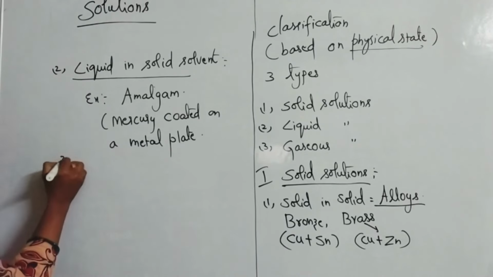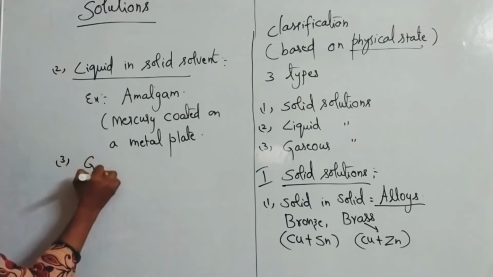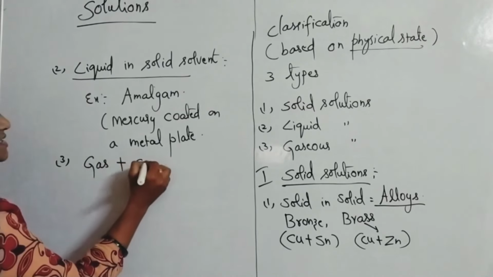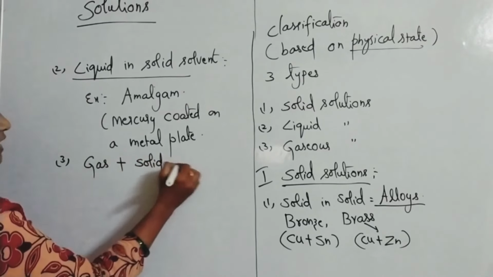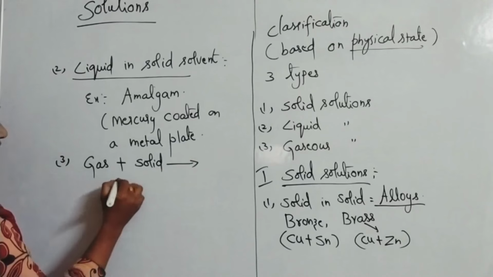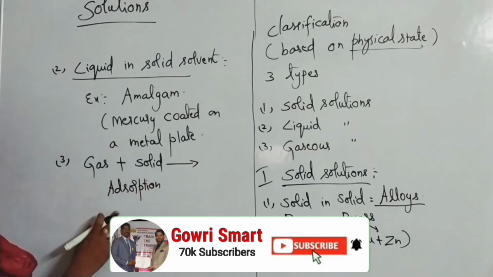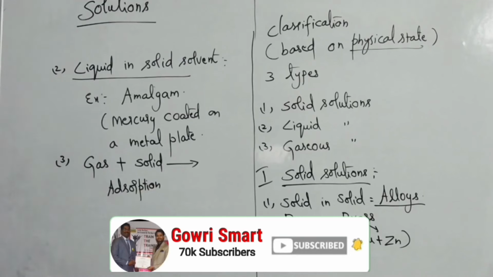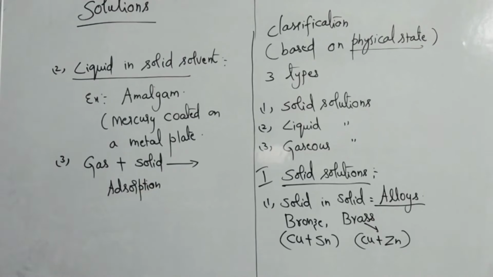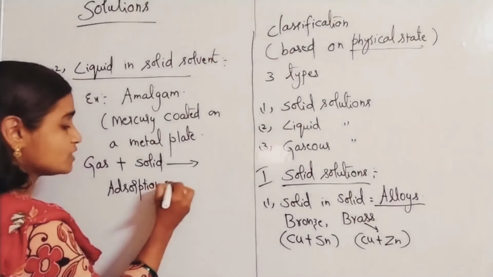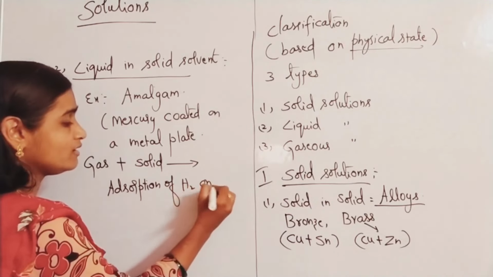Similarly, you have gas in solid. The third type of solid solutions is gas in solid, in which gas is solute and solid is solvent. For that you have a phenomenon called adsorption. You will be learning about this in surface chemistry. Adsorption of hydrogen gas over palladium metal, adsorption of H2 on Pd.